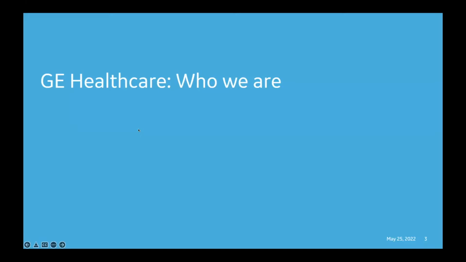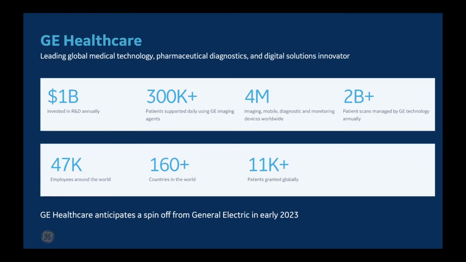So first, who we are. GE Healthcare is a leading global medical technology, pharmaceutical diagnostic, and digital solutions innovator. We heavily invest in research and development, more than 1 billion annually. We support 300K patients globally daily, 4 million imaging, mobile diagnosis and monitoring devices worldwide, and more than 2 billion patient scans managed by GE technology annually.